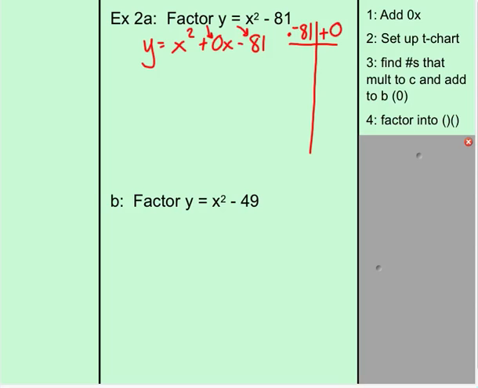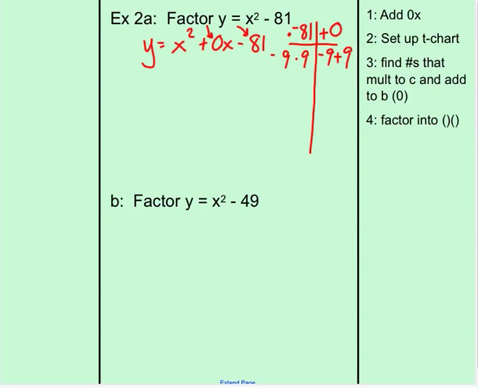Once we find those numbers, again, they have to be the same number. So 81 is 9 times 9. If I make one of them negative, negative 9 plus 9 will cancel. So we're going to factor. Y equals x minus 9 times x plus 9. And we're going to check our work.